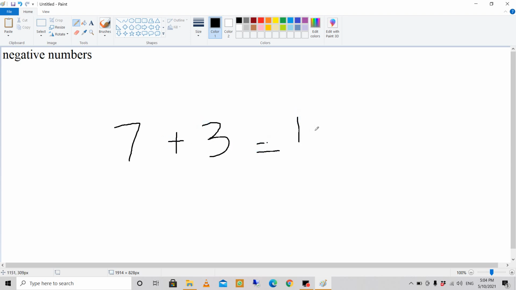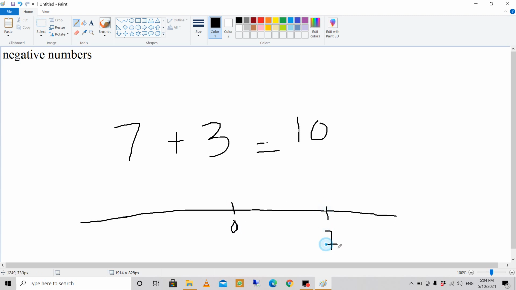because on the number line, this is 0, this is 7, and adding 3 means jump towards the right side 3 steps. So this will be equal to 10.